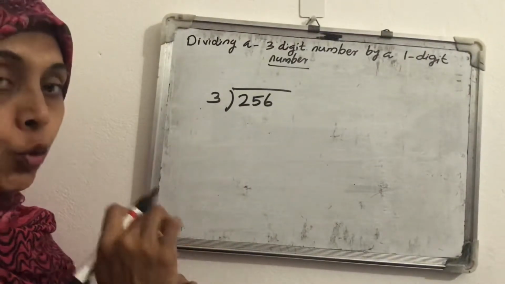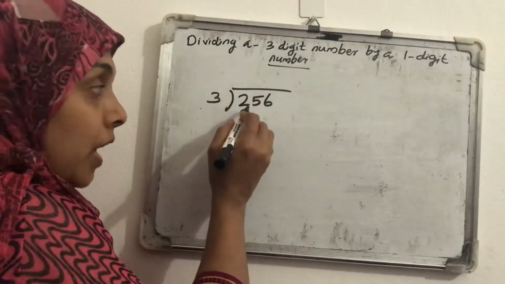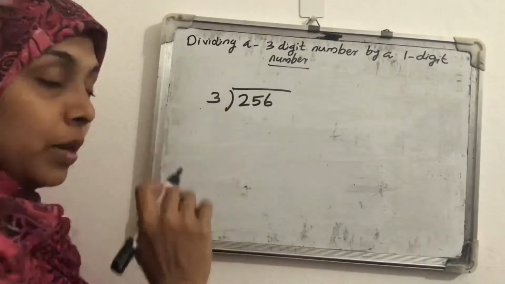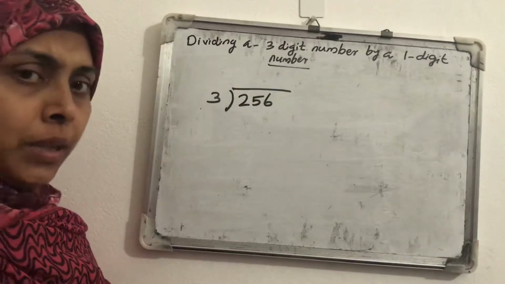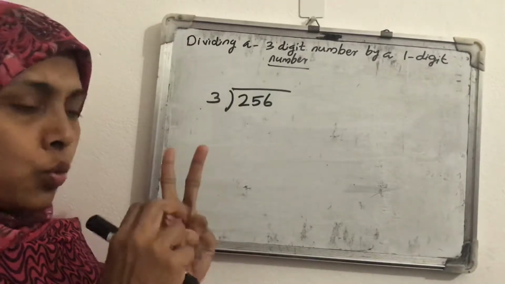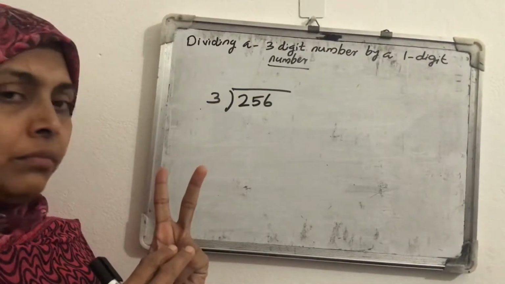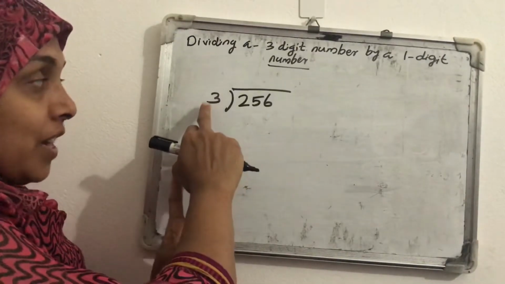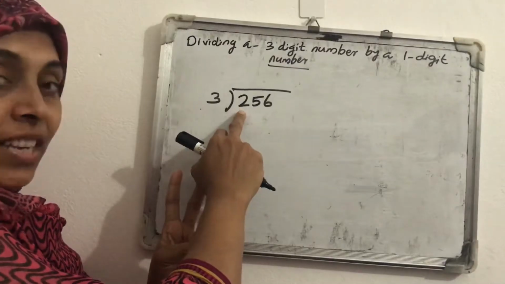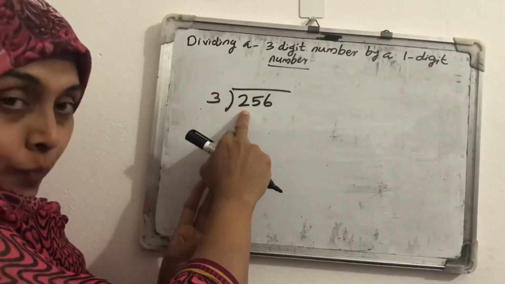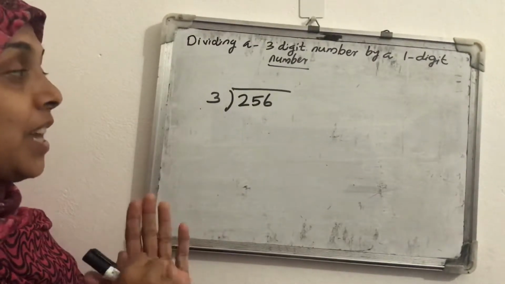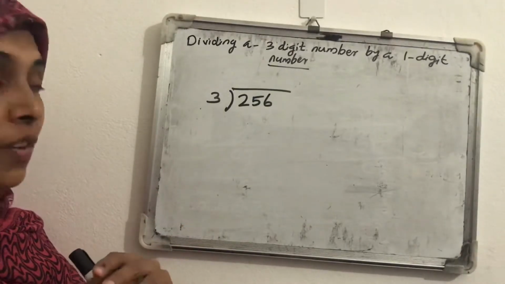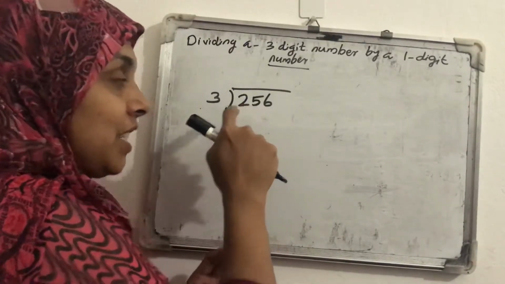That digit is 2. First we are dividing 2 divided by 3. Is it possible? In 2, are there any 3's? No 3's in 2. Okay. That means this divisor is greater than this dividend digit 2. Then in this type of question, we want to take the next digit also.